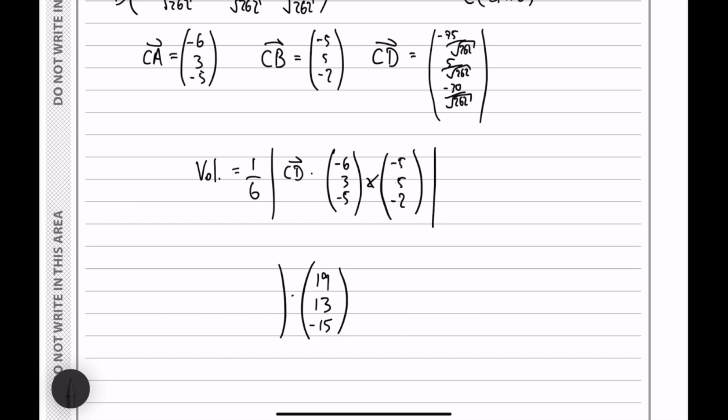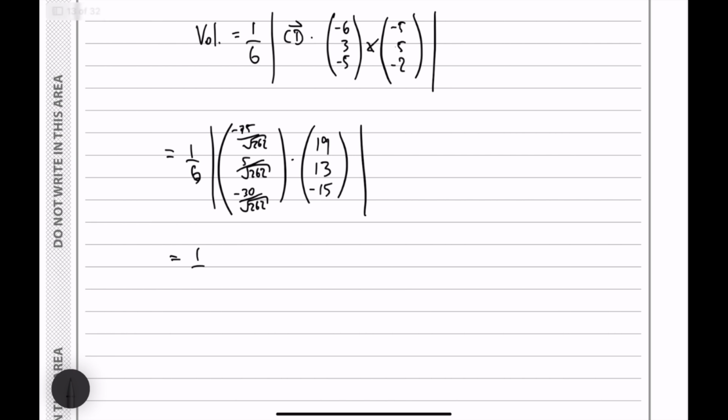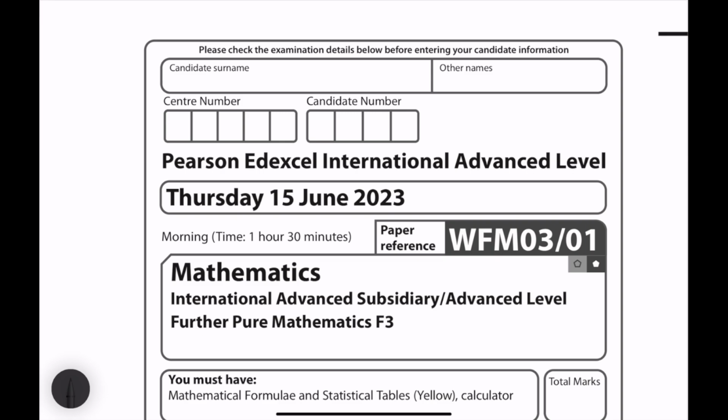Dot that with the horrible one: minus 75 over root 262, 5 over root 262, and minus 30 over root 262, and all of that is 1/6. Okay, dotting that gives me minus 1425 plus 65 plus 450.